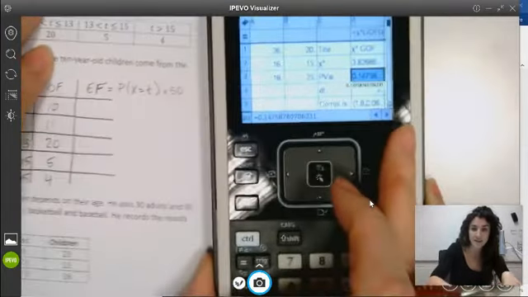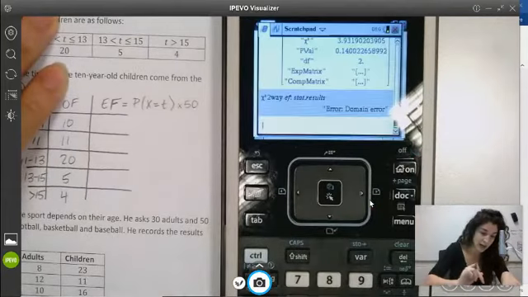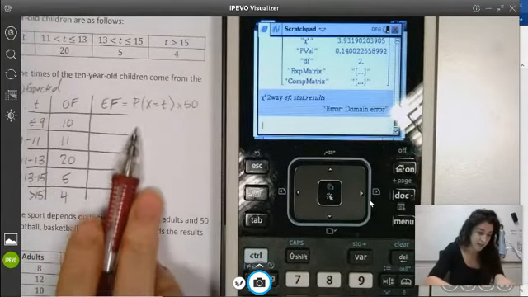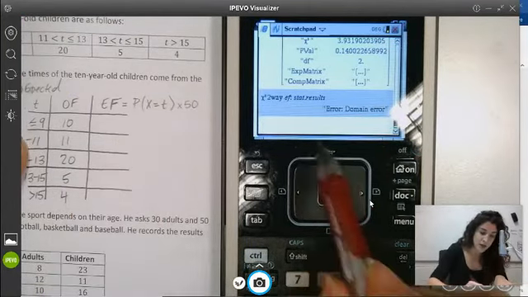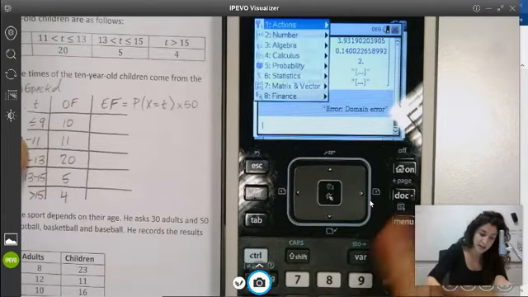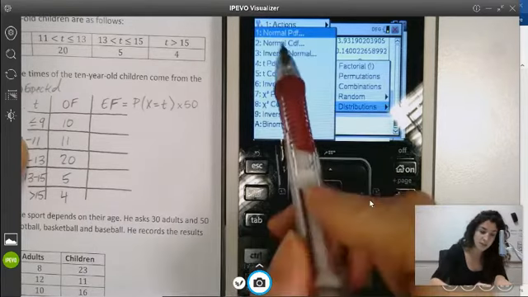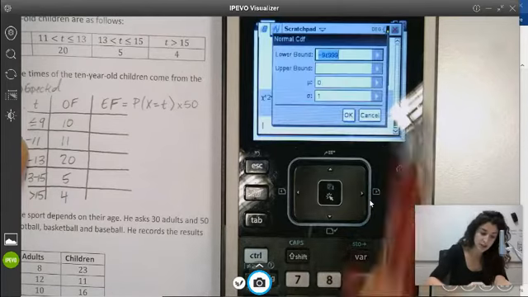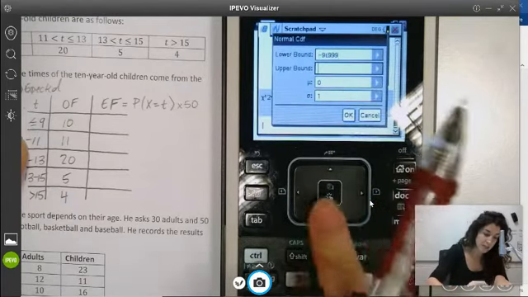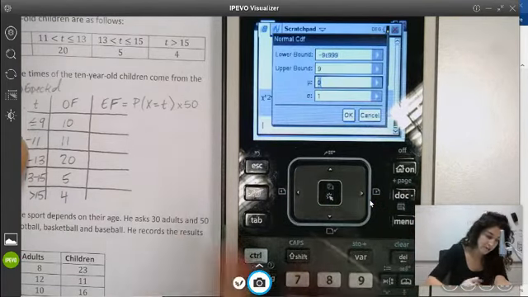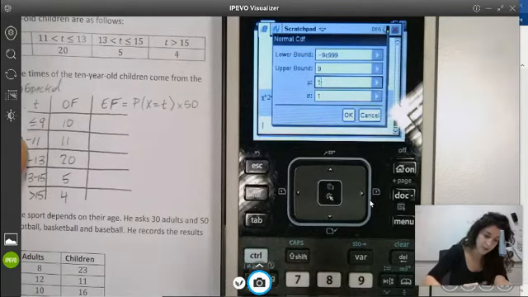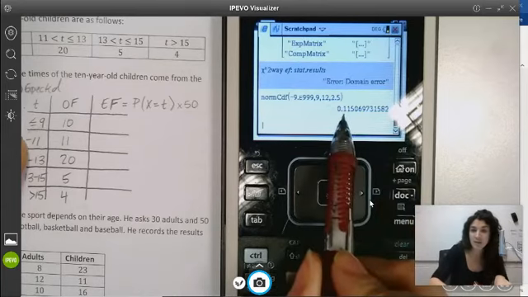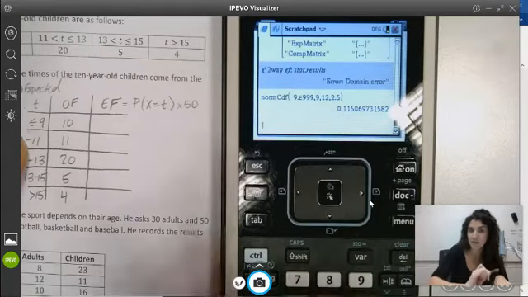So how we do that is that we need to go back to our calculator. Finding the probability of being less than or equal to 9 is a normal CDF distribution. Lower bound of -infinity, upper bound of 9, average of 12, standard deviation of 2.5, and it gives us the probability of that occurring right here.